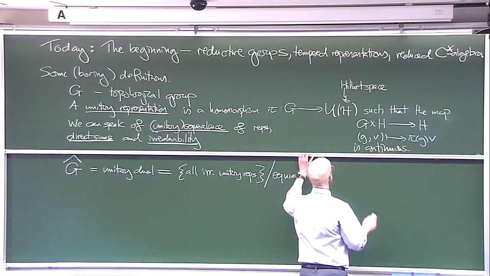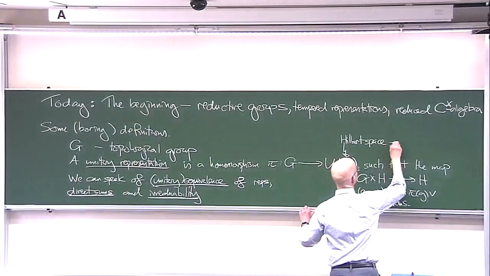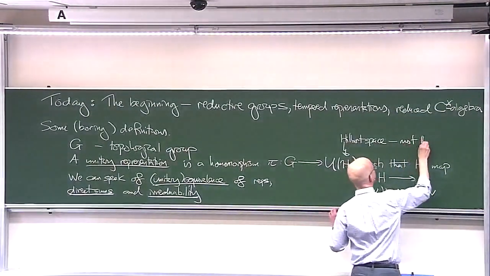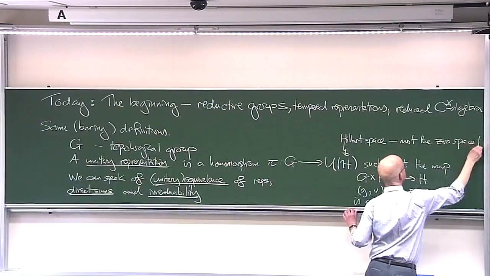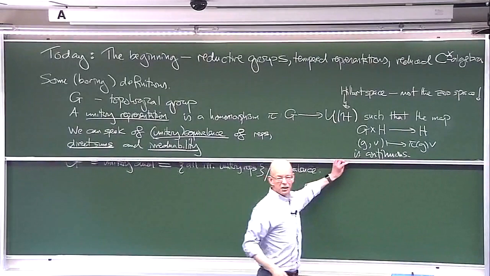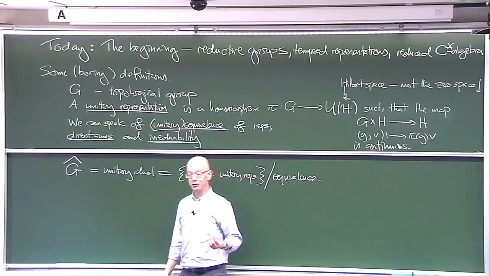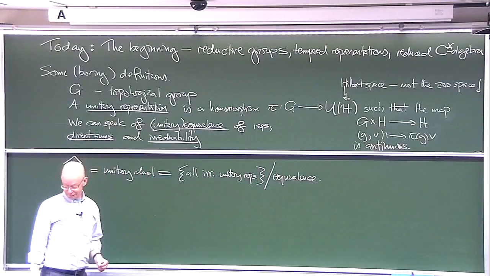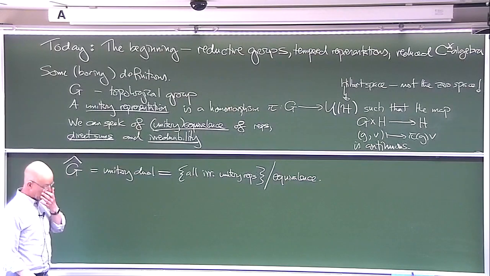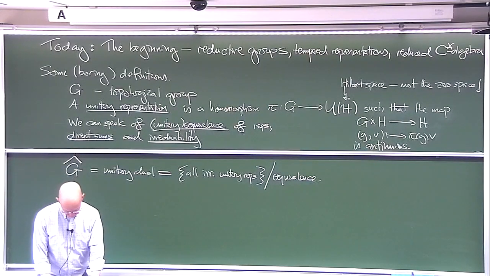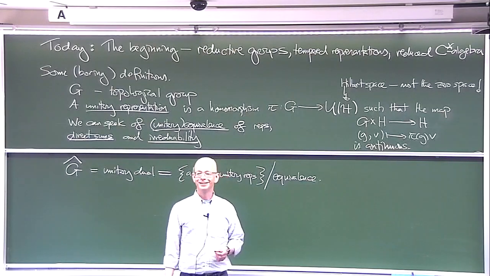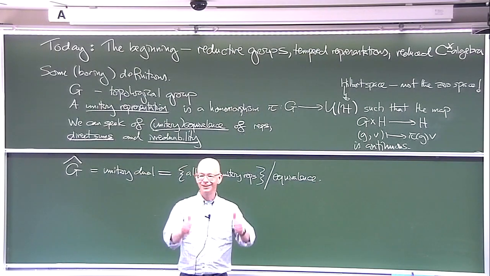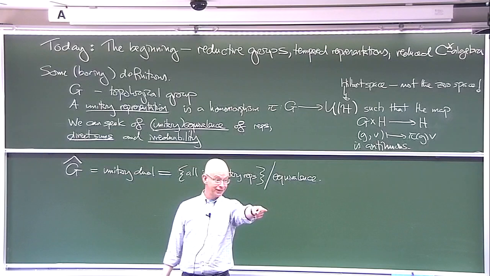Let me just make one small point here. The zero Hilbert space is a legitimate Hilbert space, but it doesn't make a legitimate representation. Any trouble with that? Any questions? Everyone happy?